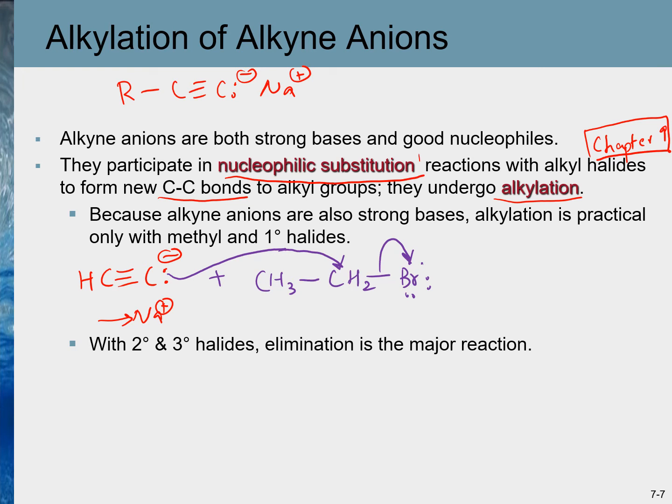So hence we can say that this nucleophile is substituting the leaving group, which is halogen. So therefore the reaction is known as nucleophilic substitution reaction, because you'll see at the end our nucleophile will substitute the leaving group. There will be a new carbon-carbon bond formed between the alkyl group as well as our nucleophile.